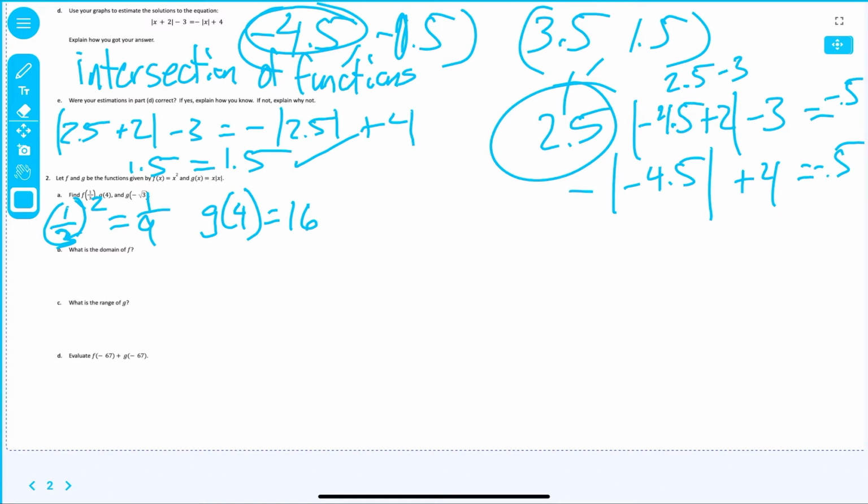What about if we have g of negative square root of 3? What does that equal?